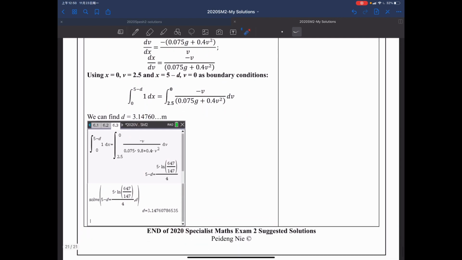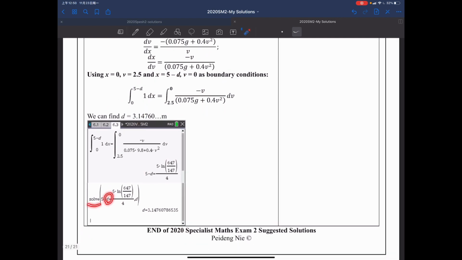Finally, you can just solve for the unknown distance d, which is desired by the question, and the answer is the same as in method 1, 3.15. Okay? So, question 5 finished, and our exam 2 explanation and suggestion finished.